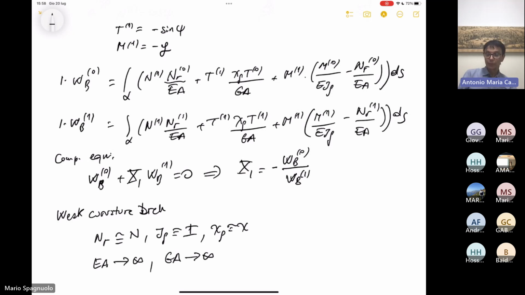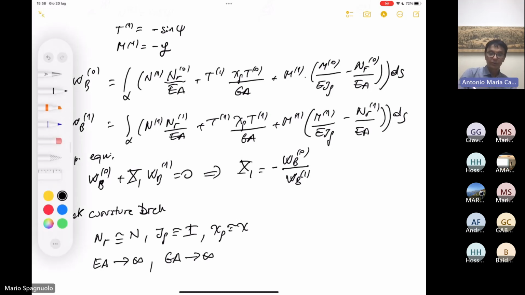So if we assume the axial deformability and the shear deformability, no, we assume only GA at first. Let's assume only GA going to infinity.